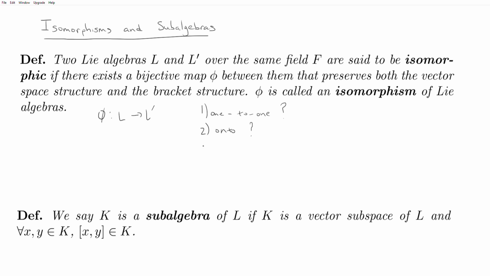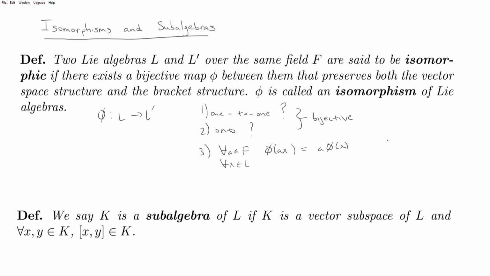Now we have to check if it preserves the vector space structure, and we have to check if it preserves the bracket structure. For the vector space structure, we have to check two things. First of all, for all scalars a in the field, does phi of ax equal a times phi of x for all x in L?